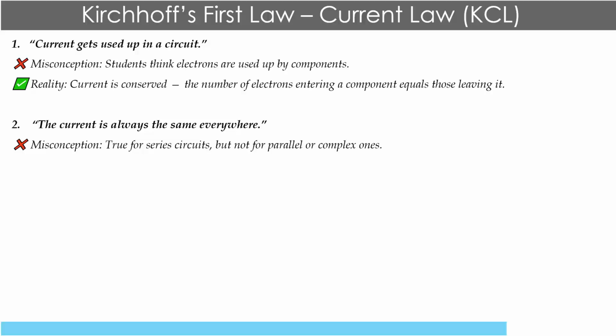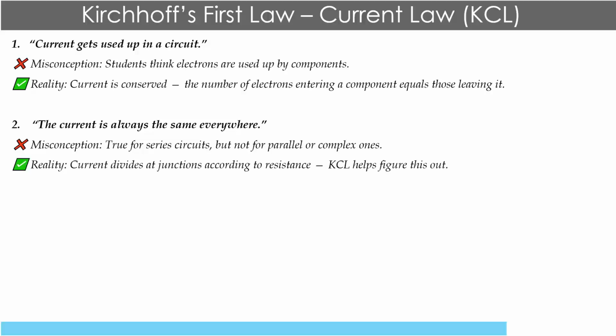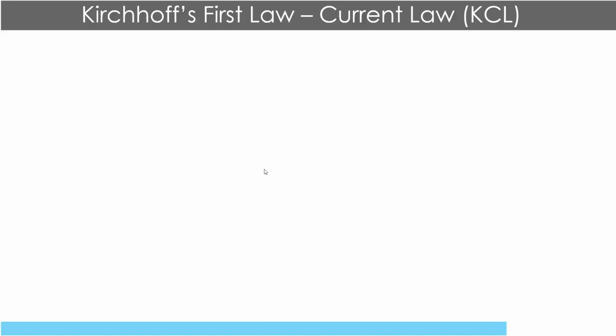To debunk this misconception, Kirchhoff's law tells us that current divides at nodes, at junctions, according to the resistance present within the branch it is dividing into. This is what Kirchhoff's law helps us to explain, and it helps us debunk these misconceptions. Now that we've gotten that out of the way, let us use our previous diagram to solve an example.